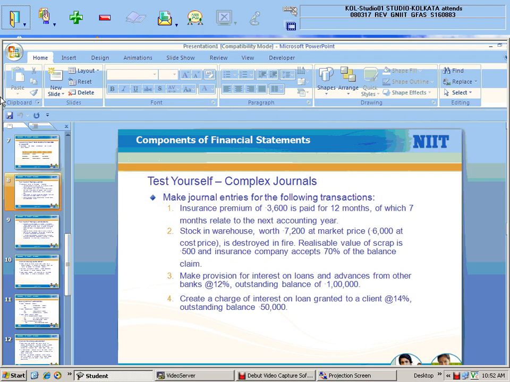Now stock is a real account. Which of the accounts are involved here? Stock account is involved. Then cash receipt from sale of the scrap, that is, cash is involved.